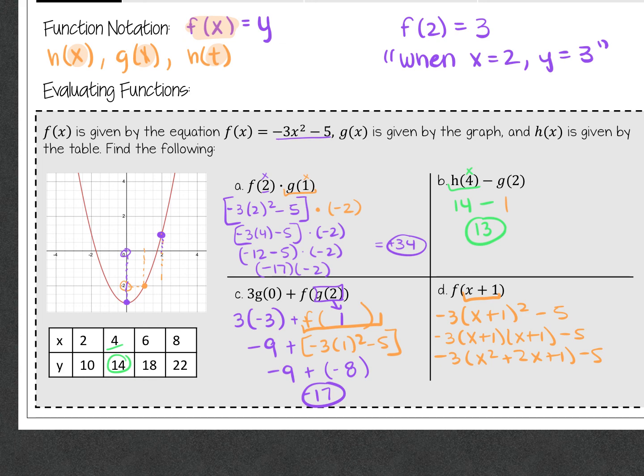Then distribute your negative 3, and simplify. And that's it. So all of this should be a quick little review, but it's all about simplifying functions.